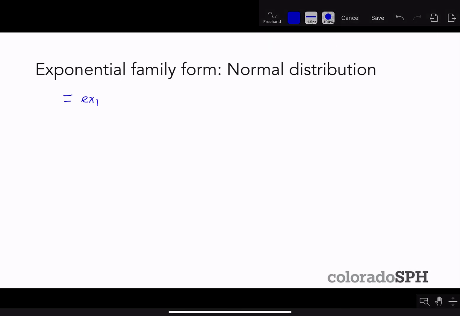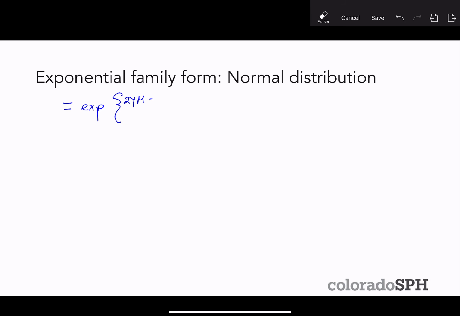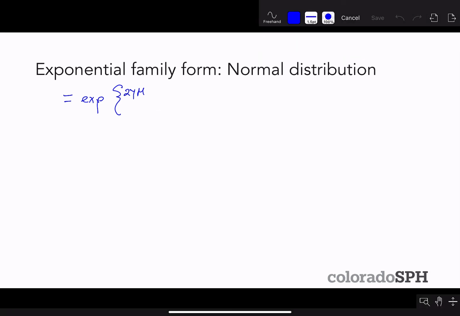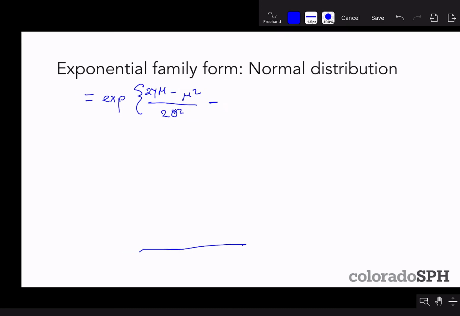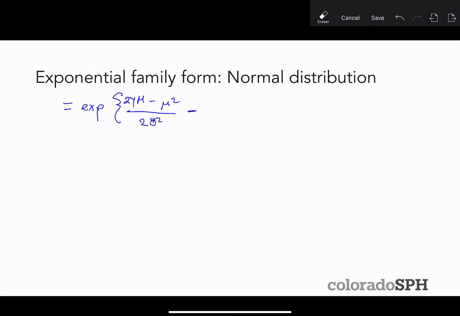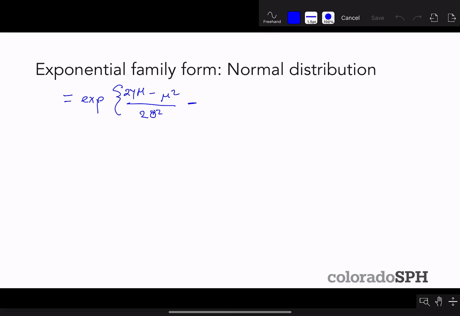We still have e to the exponent times y times mu minus, well, 2y mu minus mu squared over 2 sigma squared minus y squared over 2 sigma squared plus c of sigma.